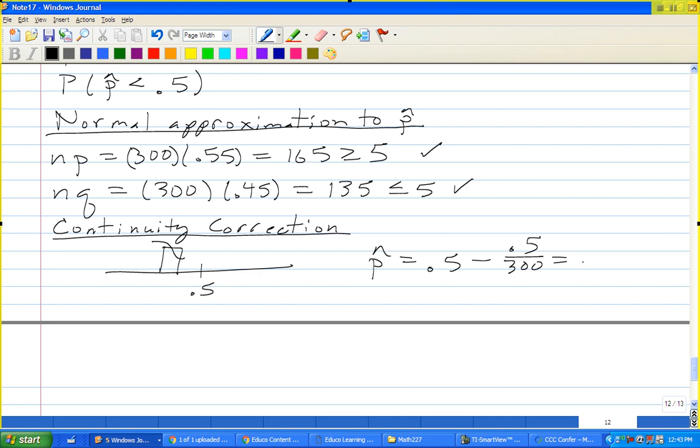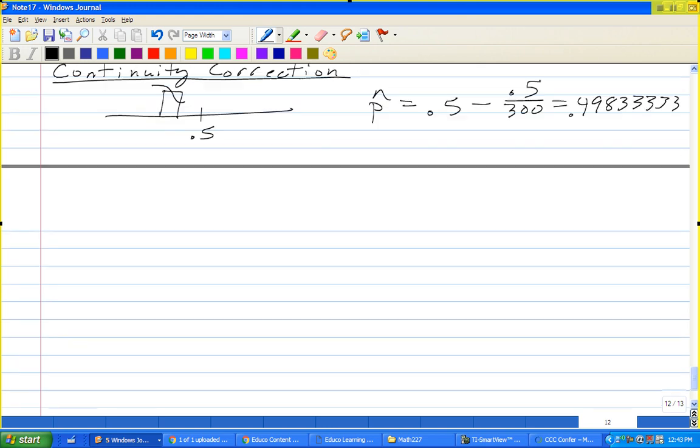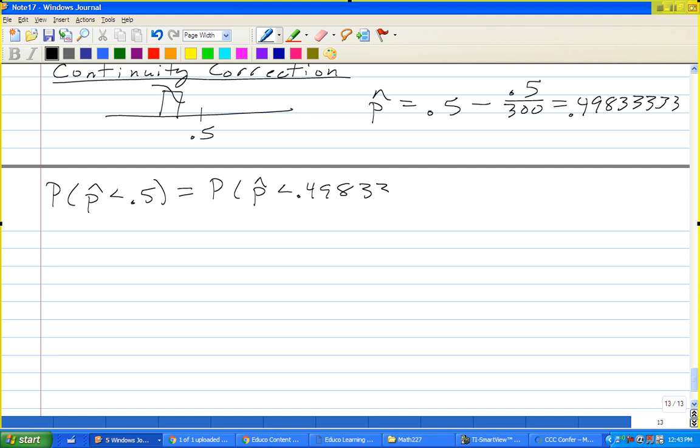So that's going to be 0.498, a whole bunch of 3's. So after invoking continuity correction, I want to find the probability that this normal random variable is less than 0.498, which is a whole bunch of 3's.